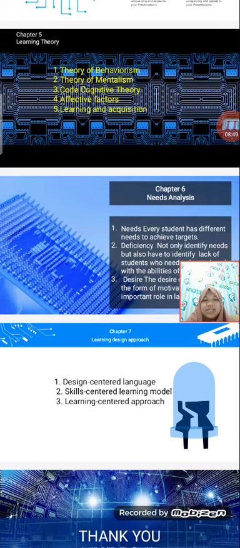There are 3 types of approach, namely the first is design-centered language, the second is skill-centered learning model, and the last learning-centered approach. Okay, I think that is enough from me, and I will give you the conclusion.